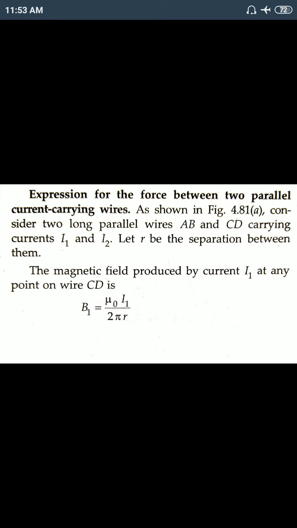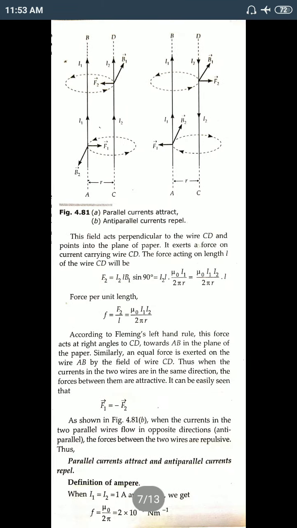So here in this figure you see that we consider two parallel wires. In the first figure both have the same direction, that means parallel current, and the second one is an anti-parallel current. So consider the first figure, the left hand side figure.